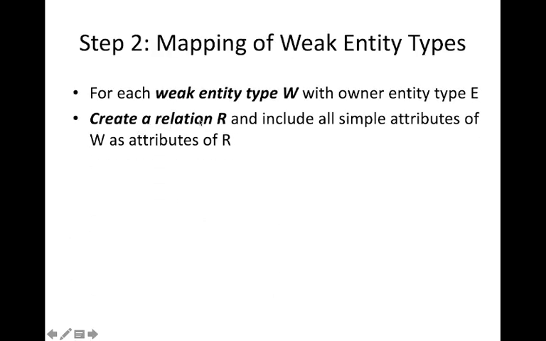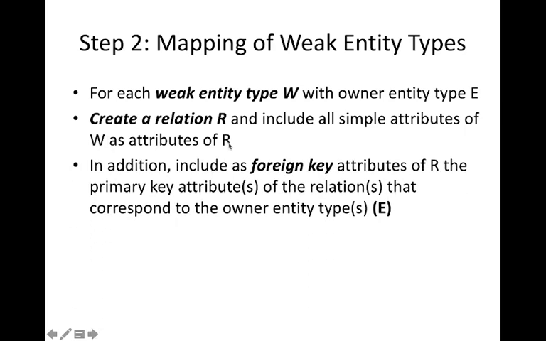So we have to create a relation R and include all the simple attributes of W as attributes of the new table. In addition, we have to include a foreign key: in this relation, a foreign key attribute of R, the primary key attribute of the relation that corresponds to the entity E. I'll show an example, then you will understand it.